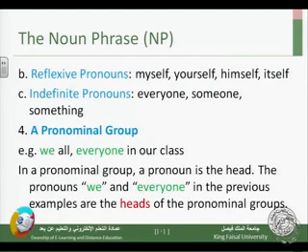Now we will go back to the noun phrase, and we will continue to talk about the types. The fourth type of the noun phrase, NP, is the pronominal group. Some of the examples that we have here are we all and everyone in our class. These are examples of pronominal groups.